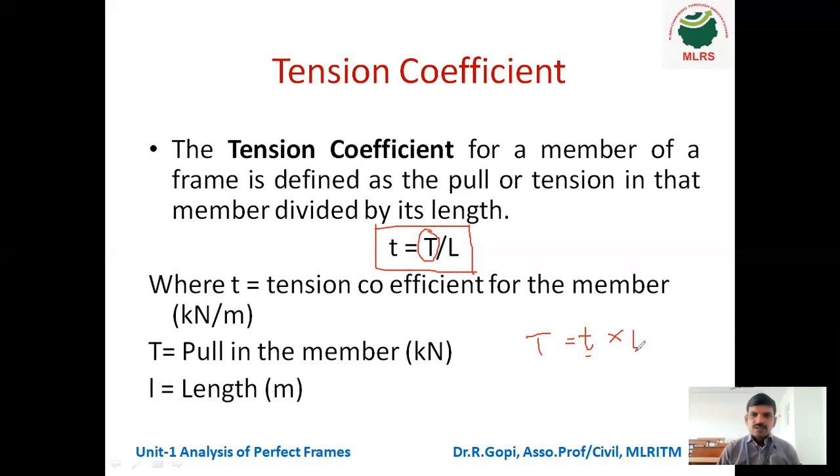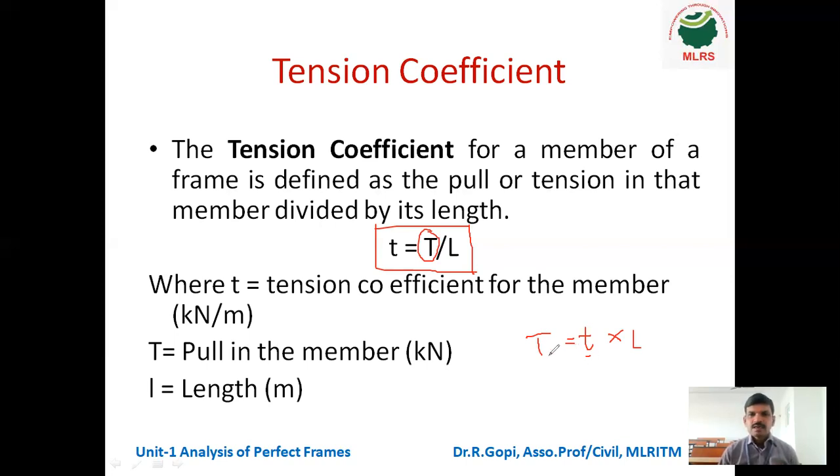The length will always be positive, but the tension coefficient depends upon the force. If the member is subjected to tension, we get the T value as positive; in case of compression, we get a minus value.